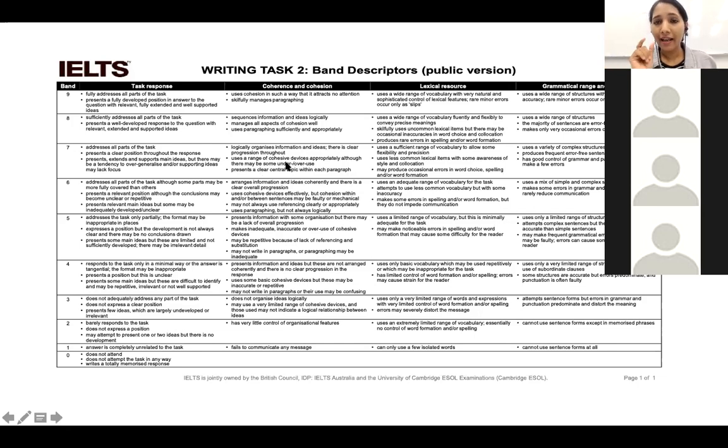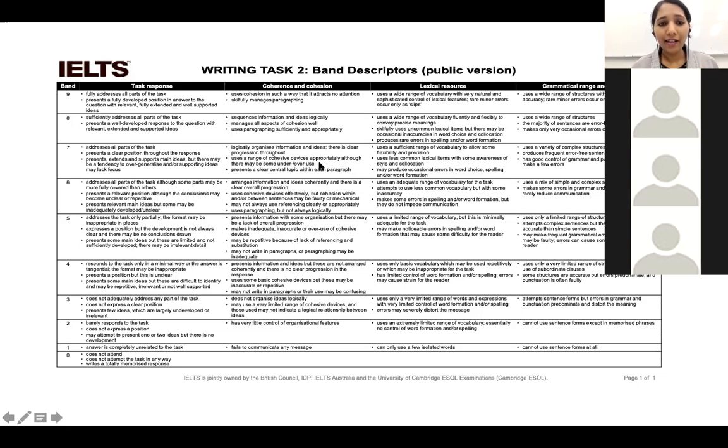Make sure that at least every alternate sentence, or even every sentence, is connected to the sentence before it using a linking word. It's very, very, very important for you. If we underuse this, if we do not use this intentionally, then we won't get our 7 here.